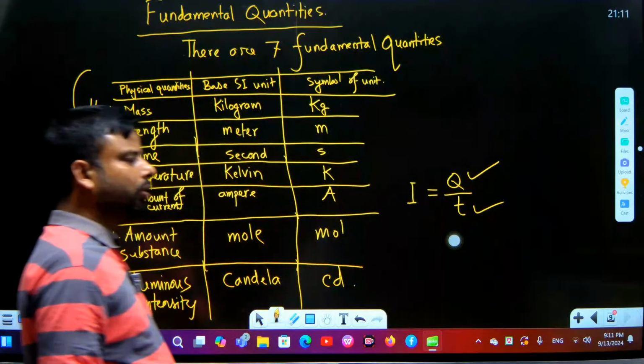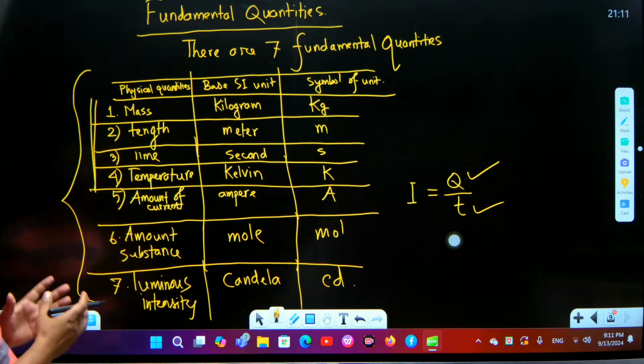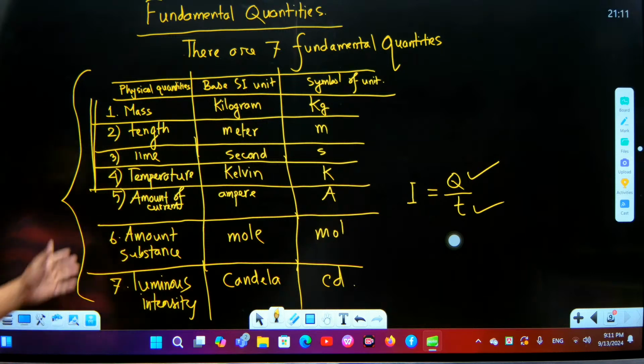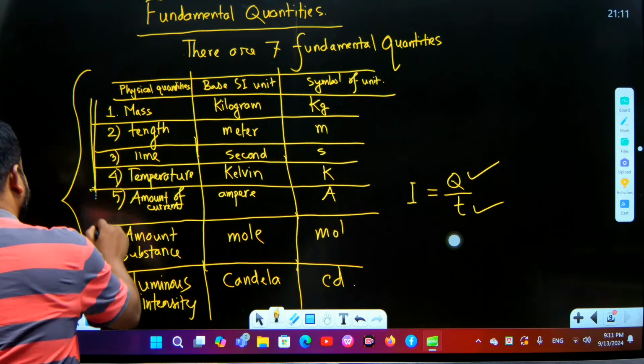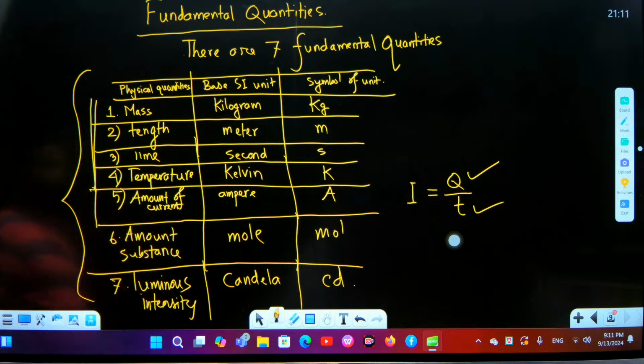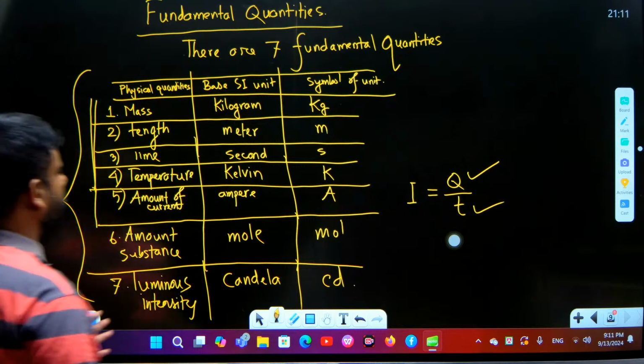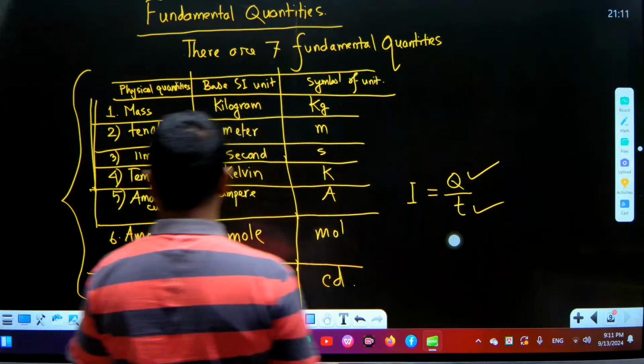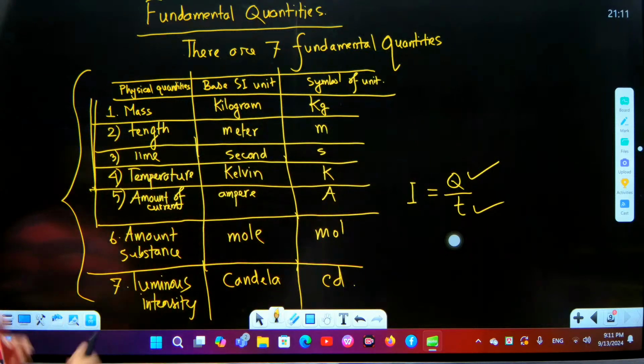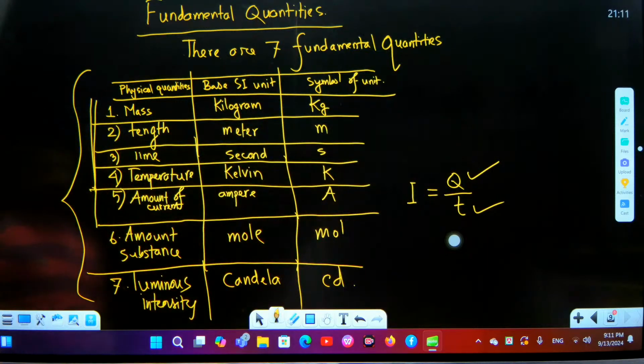Why did our scientists place it as a fundamental quantity? At that time, the amount of current was considered a base. That's why there is a problem here.